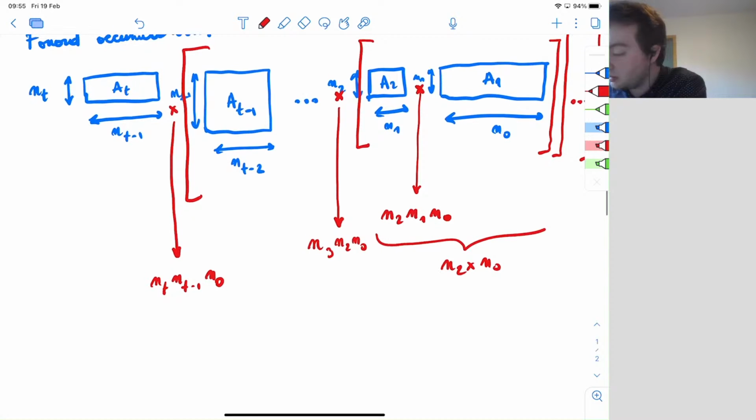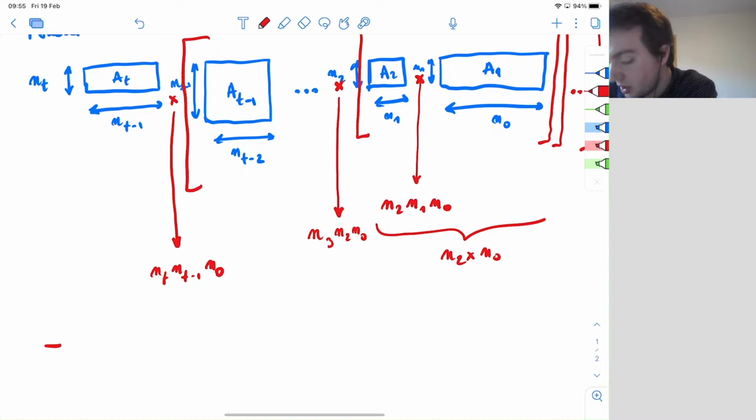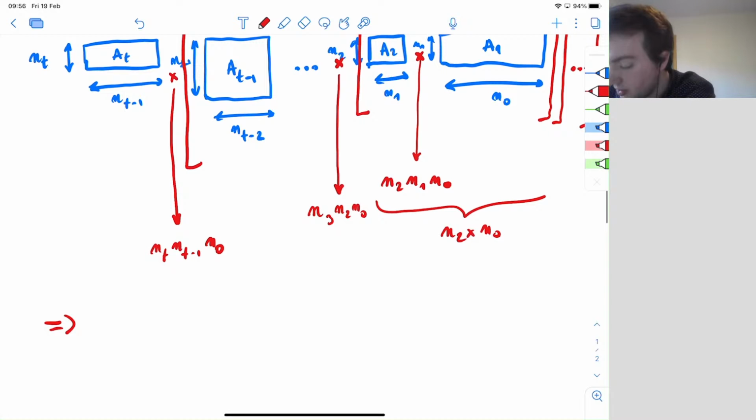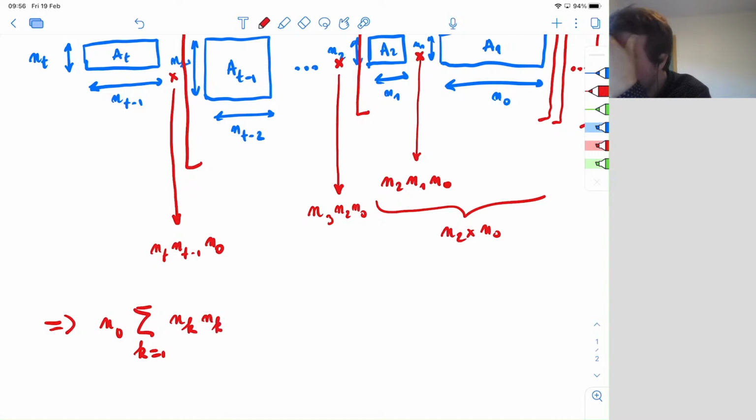Right? And so now if we add all these computations together to compute the product of all these Jacobians, what we would have is n0 times the sum over k plus 1 of nk, nk plus 1, up to t minus 1.